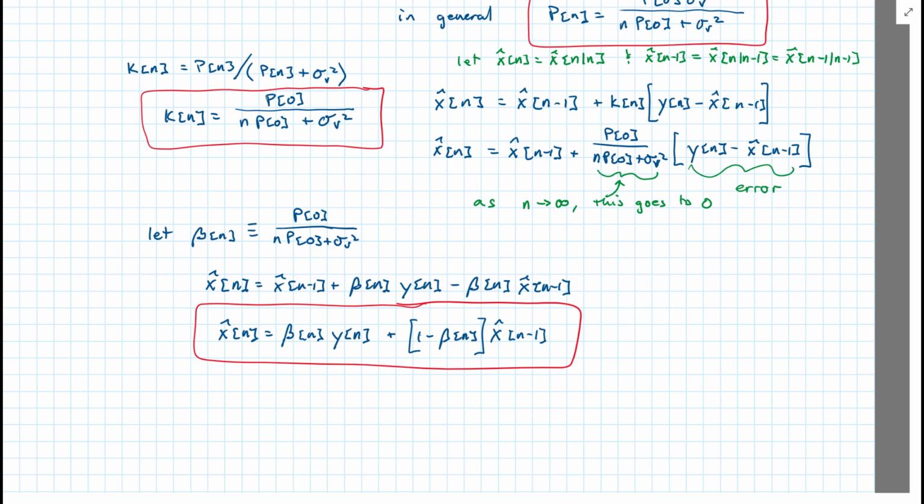As beta becomes very small, we're placing more emphasis on our previous estimate. So in that sense, this is a recursive average, but it's a recursive average that takes into account how much averaging we've done so far and how certain we are about our particular observations. And so this recursive average changes in its characteristic over time.